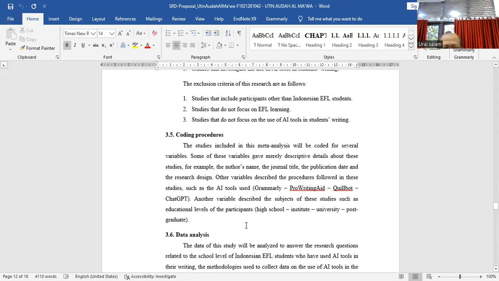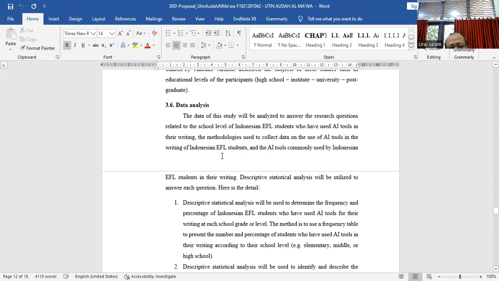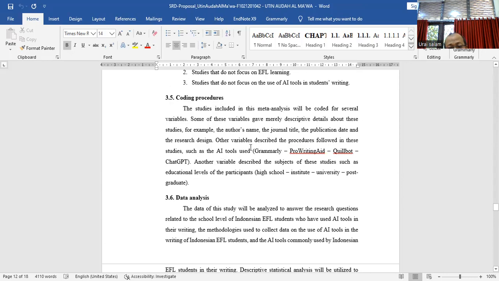Coding procedures maksudnya apa nih ya? Ini coding procedure berarti masuk ke data analisis sebenarnya. Salah satu cara data analisis adalah coding.